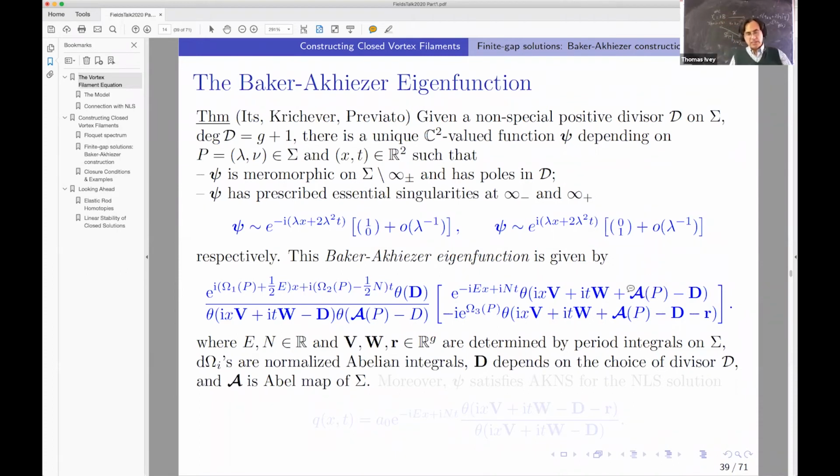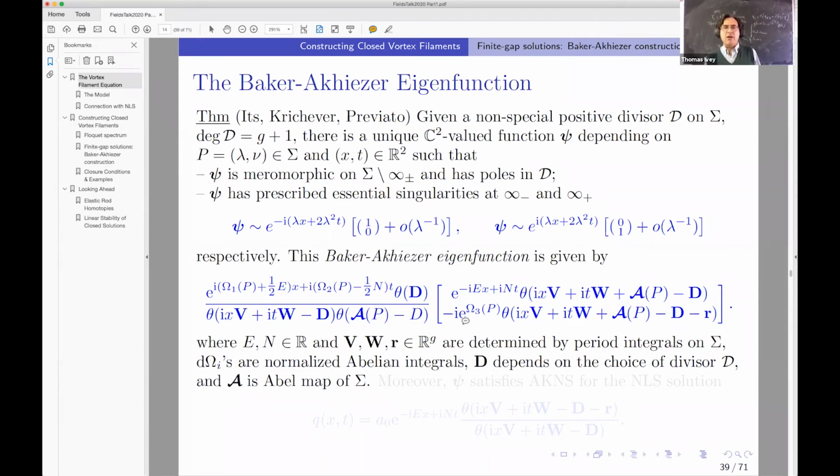So as I said, it's a function of x and t and a point on the Riemann surface. And remember, the Abel map is what you get when you pick a base point and integrate along a path of holomorphic differentials. So that gives you a vector in G-dimensional complex space.